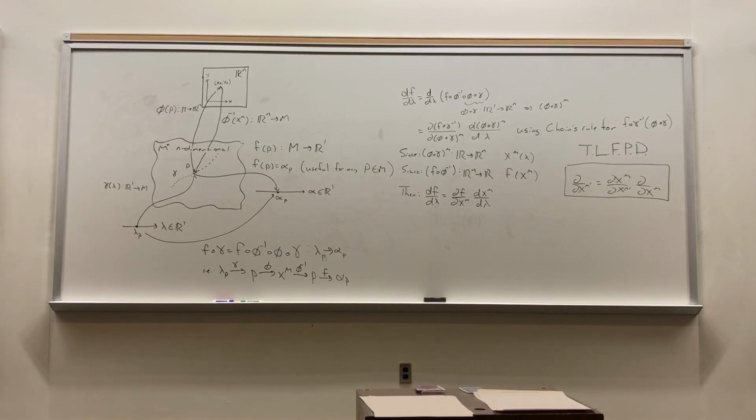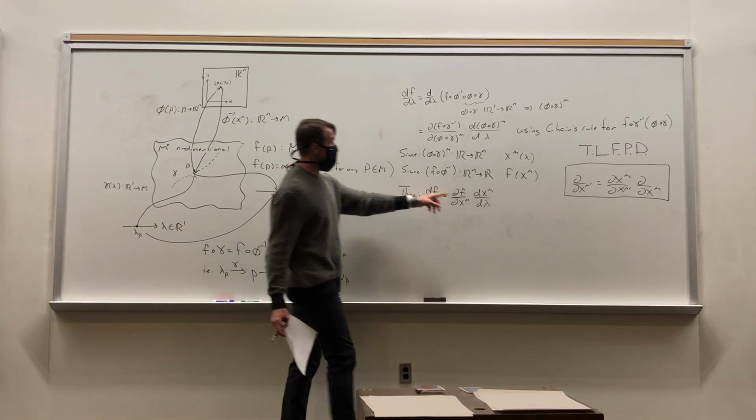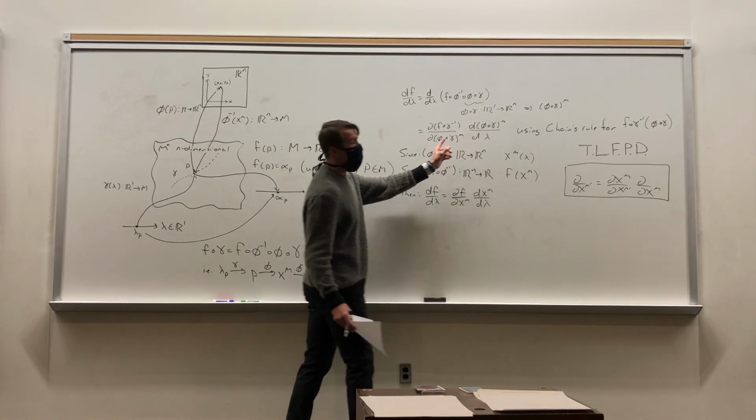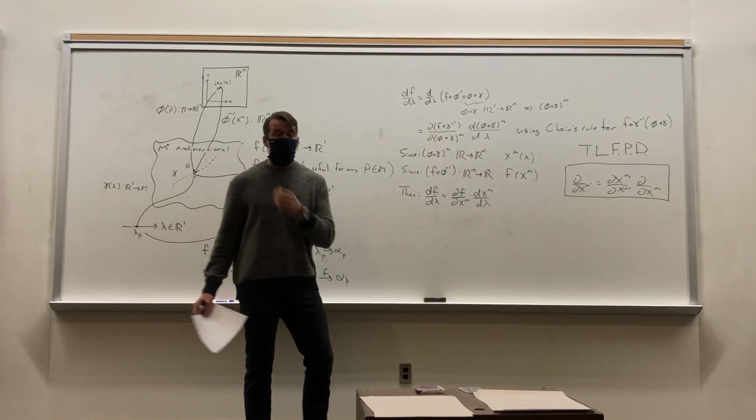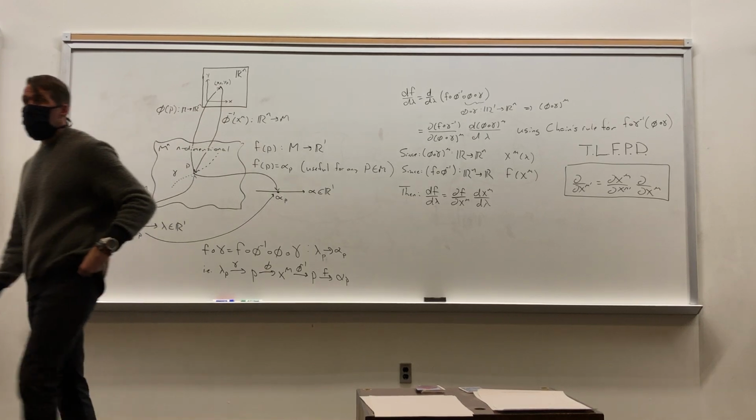All I did was take x mu and plug it in where I see phi composed gamma, and take f of x mu and plug it in where I see f composed phi inverse. That's all I did. Yes?